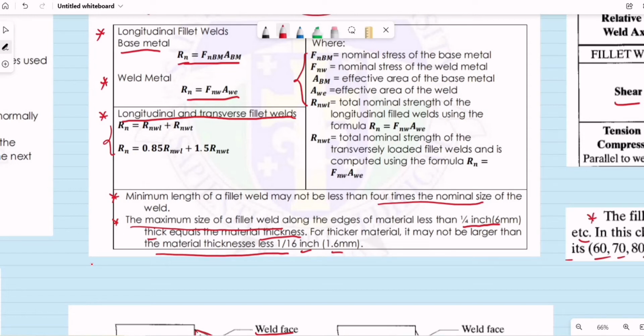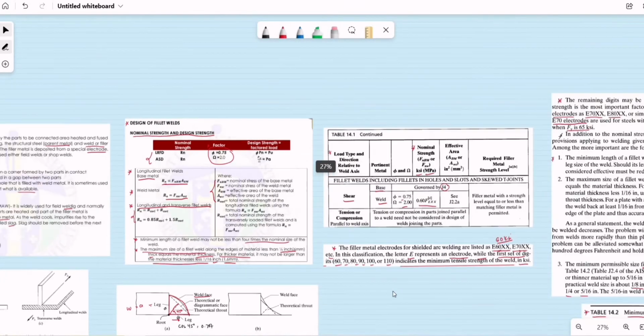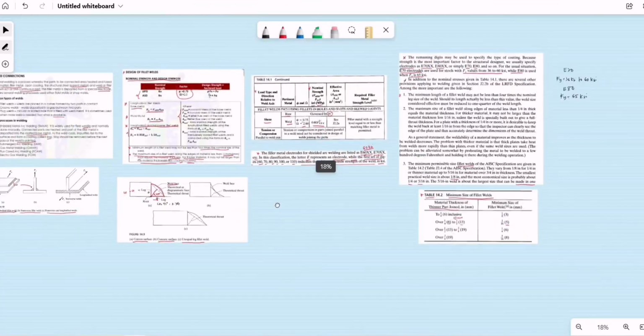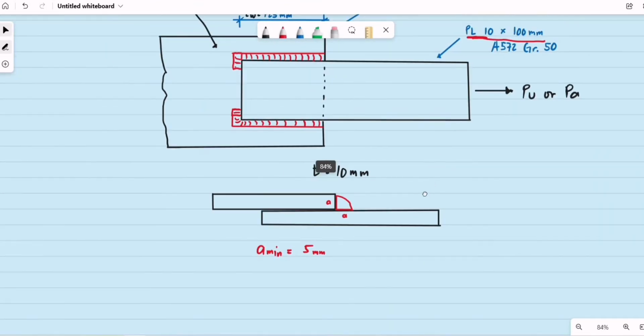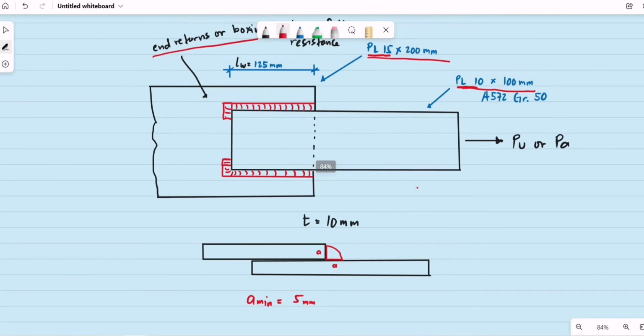For thicker material, it may not be larger than the material thickness less 1/16 of an inch, or that is 1.6 millimeters.